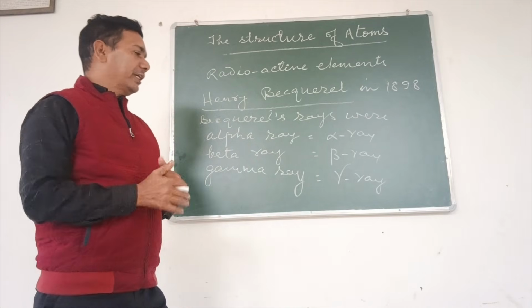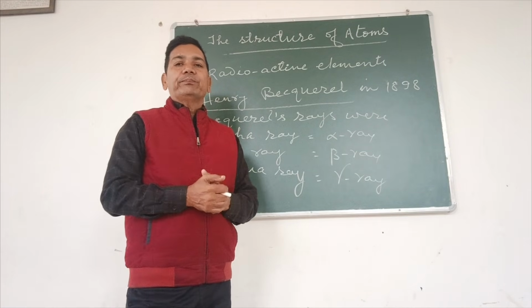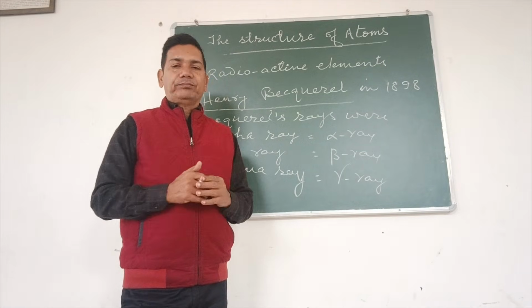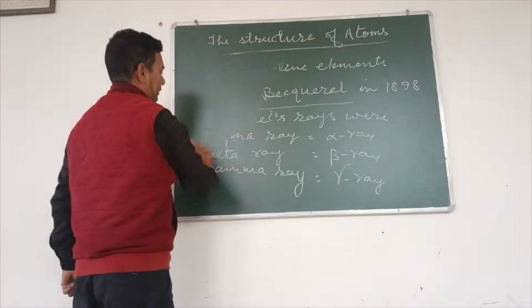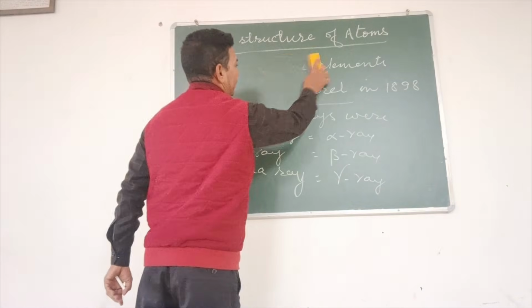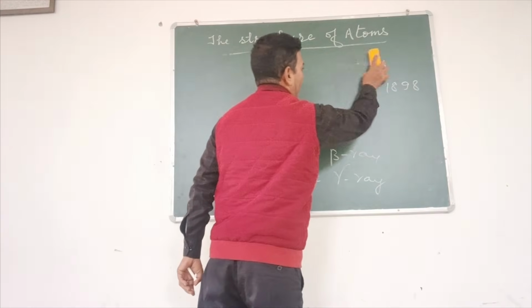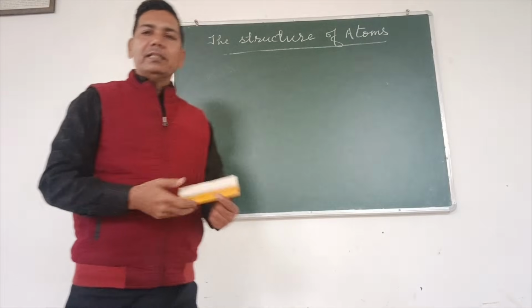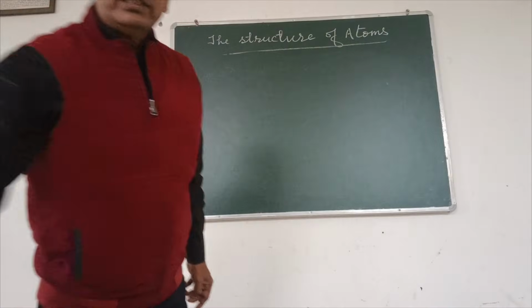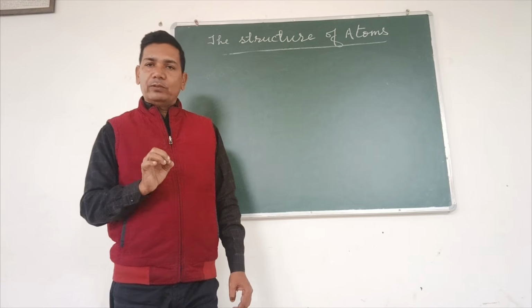The nature of these rays, alpha ray and beta ray particularly, was discovered by Rutherford. According to Rutherford, alpha was a positively charged particle, beta was a negatively charged particle, and gamma was neutral. Actually, gamma is not a particle, rather it is only a wave.